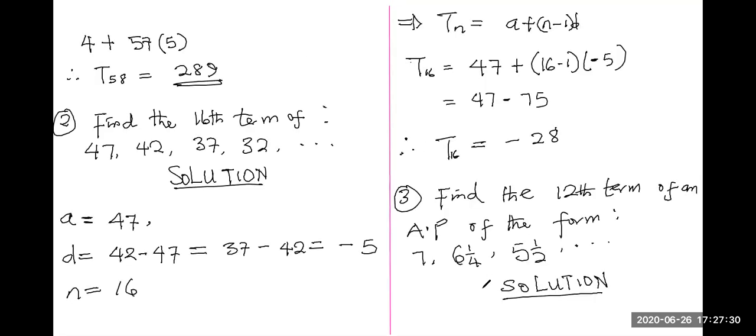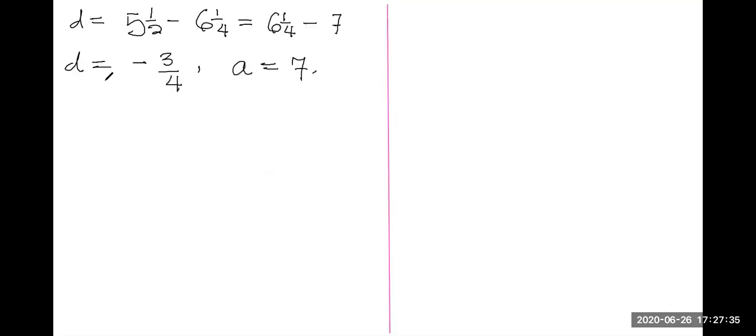So we are dealing with an AP, and our first term a is equal to 7, from the sequence of numbers given to us. And we are now asked to find the 12th term. That implies that our n is equal to 12.